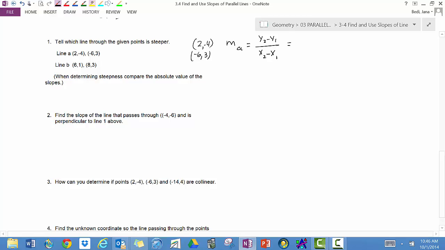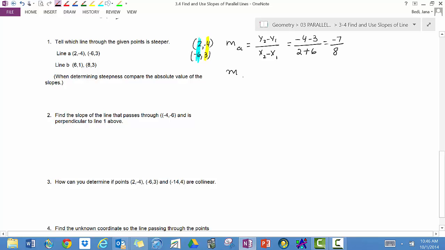So my y's are the ones on the right, and my x's are the ones on the left. And I'll have -4 minus 3 over 2 plus 6, which is -7 over 8. So this has a slope that's negative, -7 over 8.